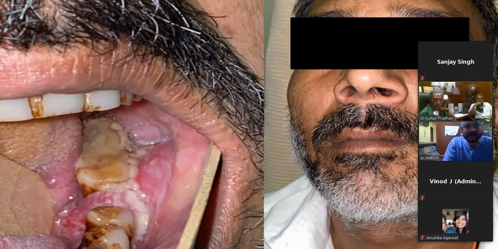Then what other treatment would you consider? Sir, in that case, we can initially go for neoadjuvant chemotherapy, and if the response is good, then later on the radical resection. That is correct.